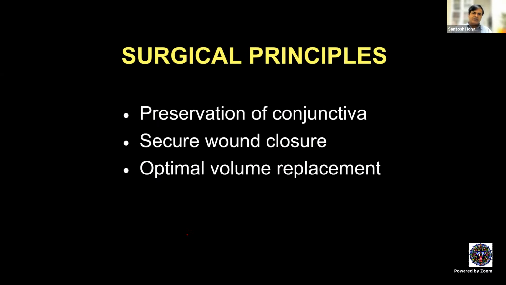Now, going straight away to the surgical principles of enucleation. The most important surgical principle in order to avoid a contracted socket is preservation of conjunctiva. Conjunctiva being the lining layer of the socket, you need as much conjunctiva as possible. You cannot produce conjunctiva, but whatever is already there has to be retained and optimized.